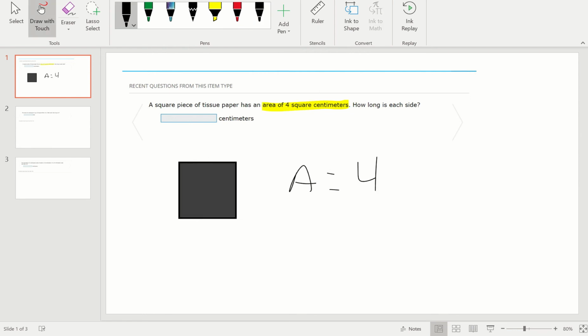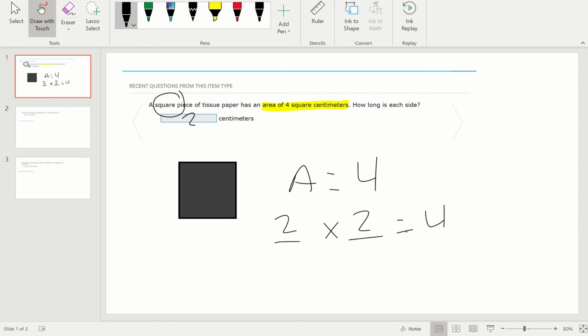It's 4 square centimeters. So that means there needs to be 2 of the same number that I can multiply together that equals 4. I know that because it says it's a square and the sides have to be the same. So you may have to go backwards and think what times what equals 4 that has the exact same digit. Well, we know that that's 2. So how long is each side?